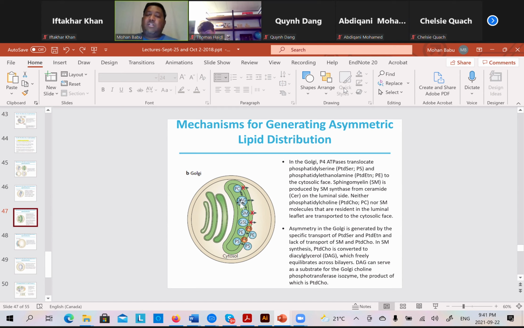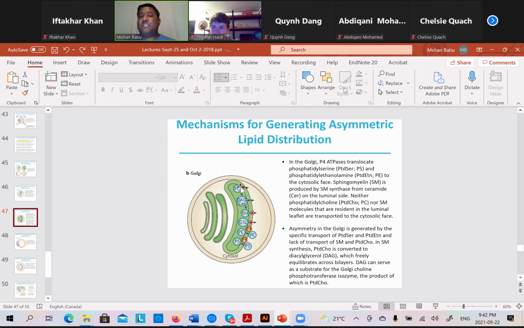So, unlike the ER, what they're trying to show here is that the phosphatidylserine and phosphatidylethanolamine are transported to the cytosolic phase, whereas in the case of other phospholipids, okay, the galactosphingolipids, or the sphingomyelin or the phosphatidylcholine, they are not transported to the cytosolic phase.